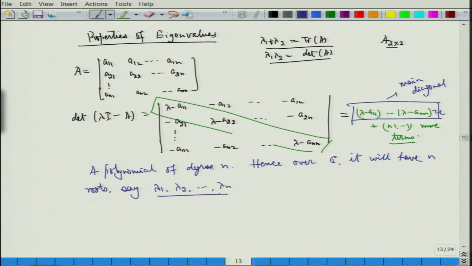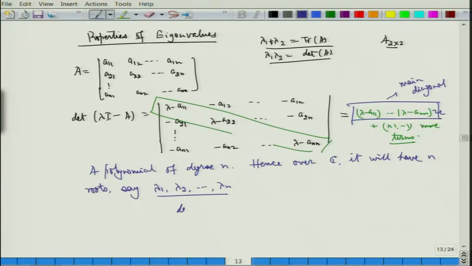They may be distinct, but they may not be distinct, that I am not bothered about, but they will have n roots. Once I have n roots, what we are saying is that if I look at determinant of lambda I minus A, this was nothing but the characteristic polynomial. Fine. There was a notation for characteristic polynomial. So, since these are the roots, I can write this as lambda minus lambda 1 into lambda minus lambda 2 till lambda minus lambda n. I can write like this, because those are the roots.